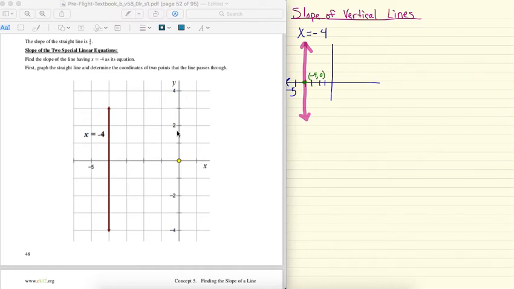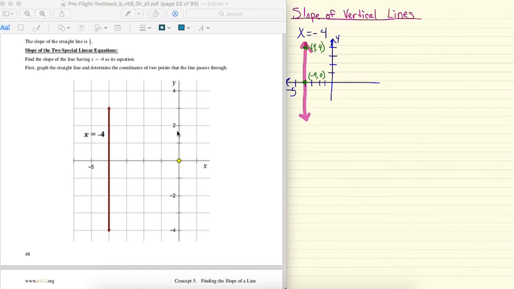And let's pick this point, -4, 4. So I'm just picking any 2 points here to show you what slope of a vertical line is. So I picked -4, 0 and -4, 4.